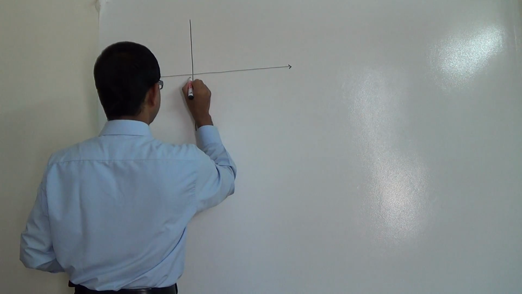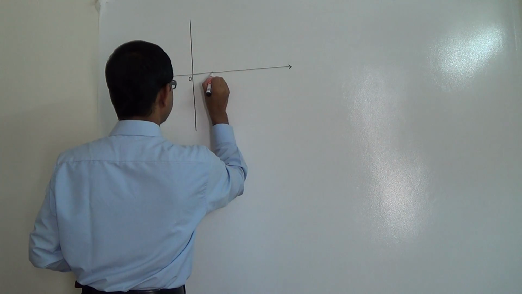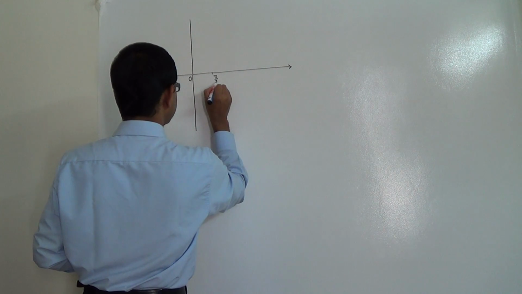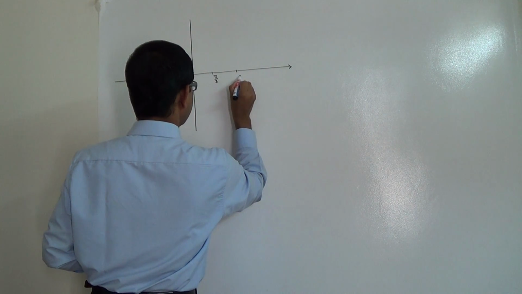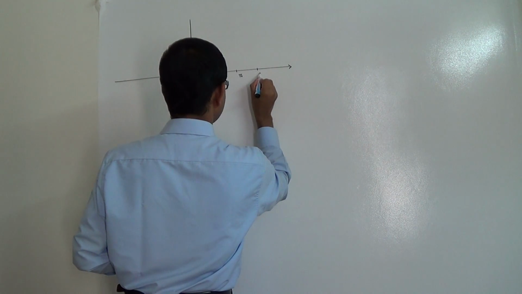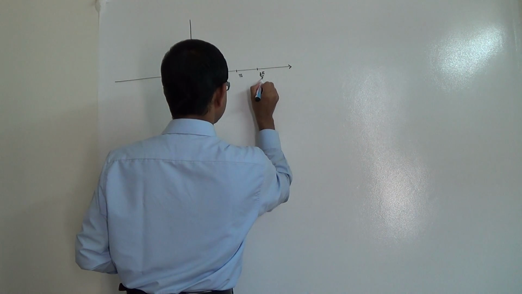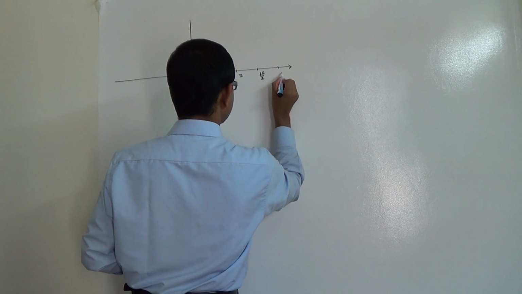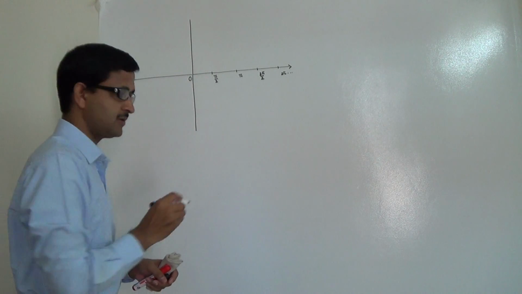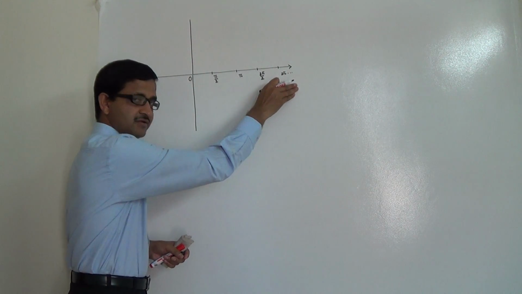So if we take this as 0, this is pi by 2, this is pi, this is 3 pi by 2, this is 2 pi and so on. These are the angles measured in radian.